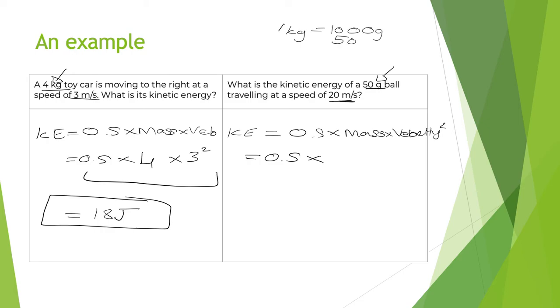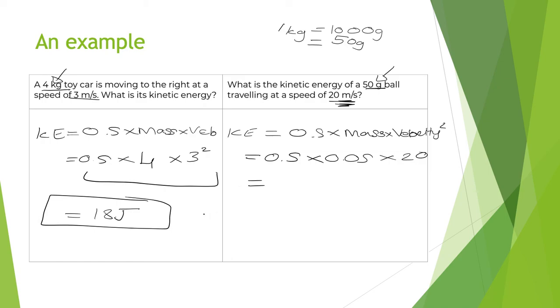So 50 grams must equal, so 1 kilogram to grams we're multiplying by 1000, so grams to kilograms we must divide by 1000, so this must be 0.05, and then this is in the correct unit, so we can multiply that by 20, and then we can type this equation into the calculator. 0.5 multiplied by 0.05 multiplied by 20 squared.